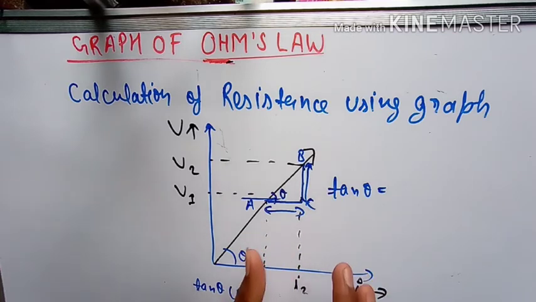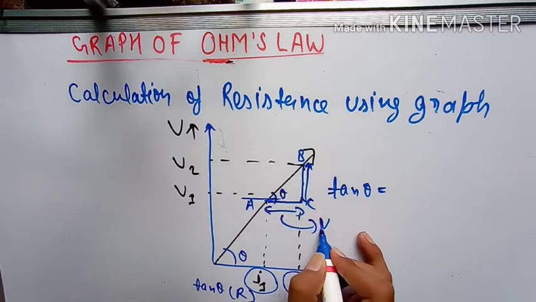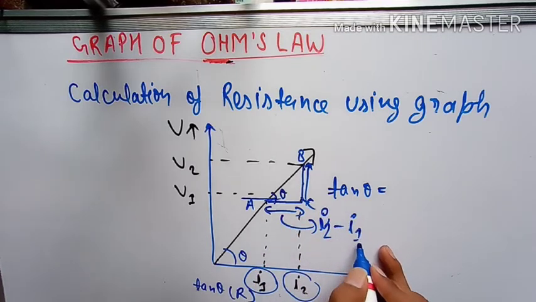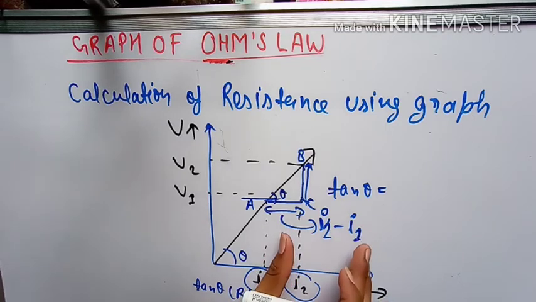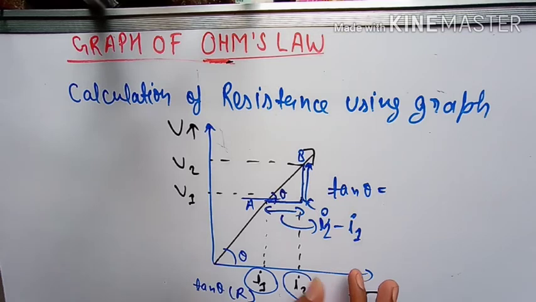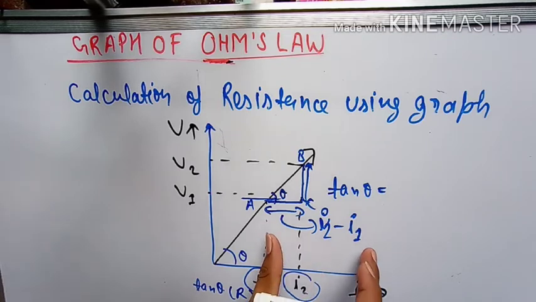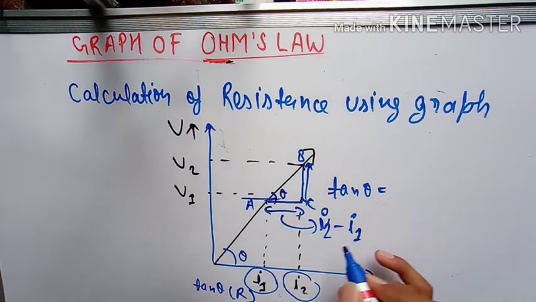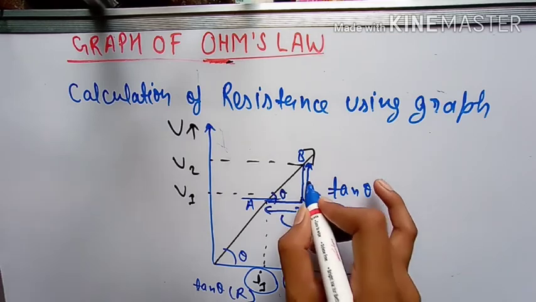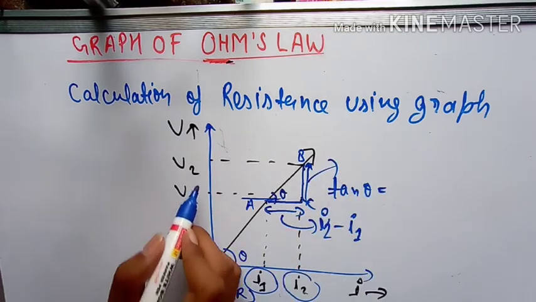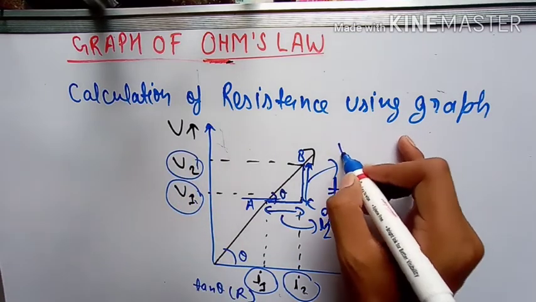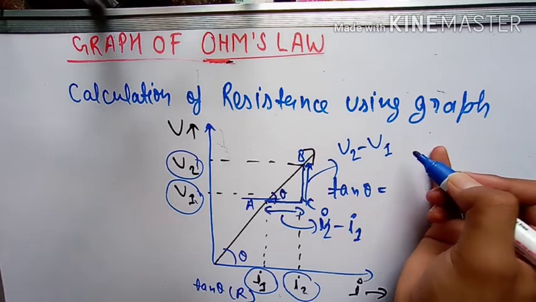So I2 minus I1, subtract these values. This is part of coordinate geometry, which you learn in 10th. I have also done a video on coordinate geometry, so you can go through it if you don't know how these things work, because physics works with math. Without math we cannot represent the physics. So that's why we are doing it like this. I2 minus I1, and what about this? This will be equal to V2 minus V1. Understand? V2 minus V1.